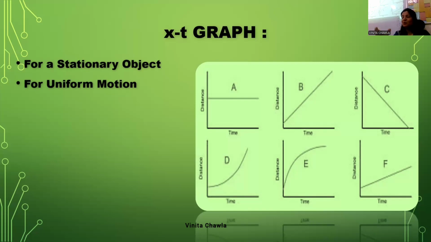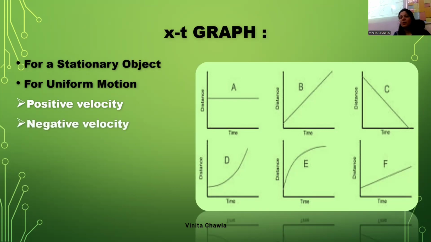One goes up and one goes down, so one is positive and one is negative. Graph B represents positive velocity and graph C represents negative velocity.